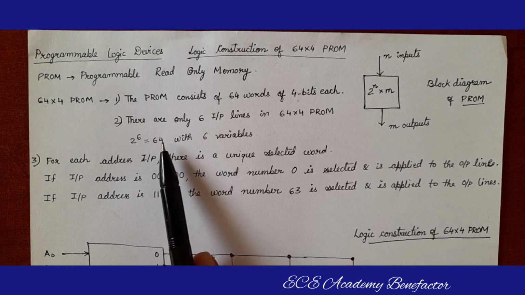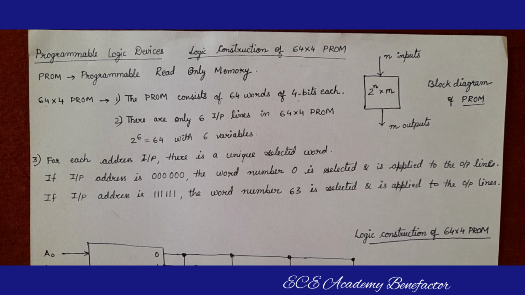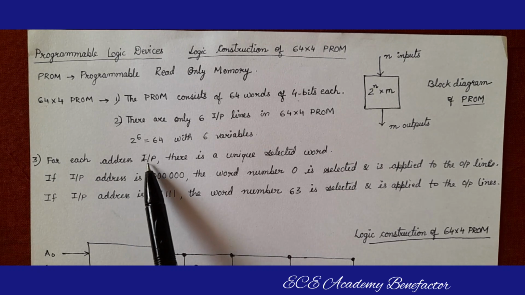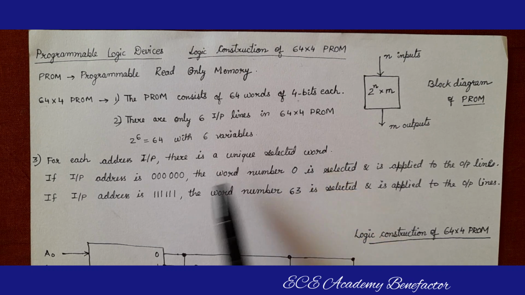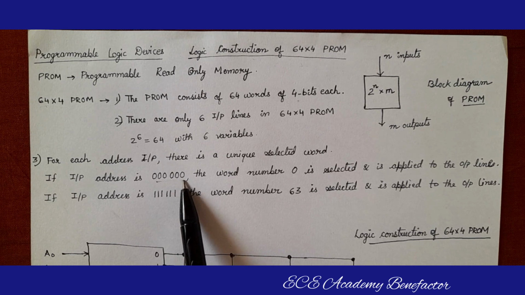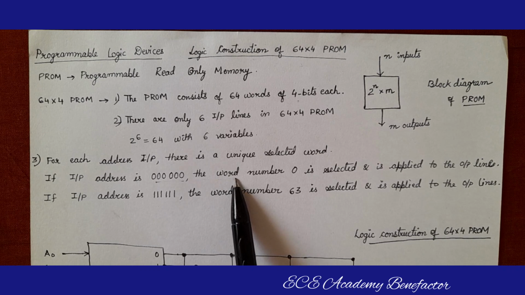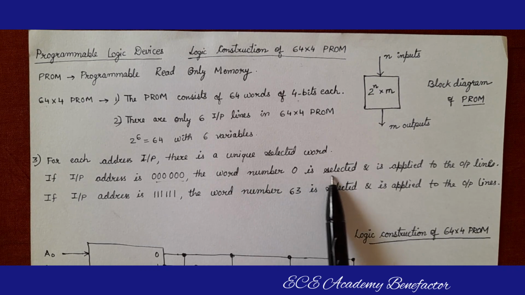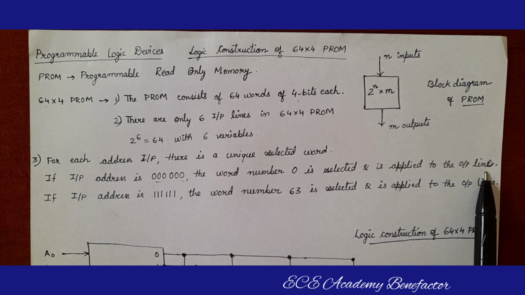So, input lines are 6. For each address input there is a unique selected word. If the input address is all 6 zeros, the word number 0 is selected and is applied to the output lines.